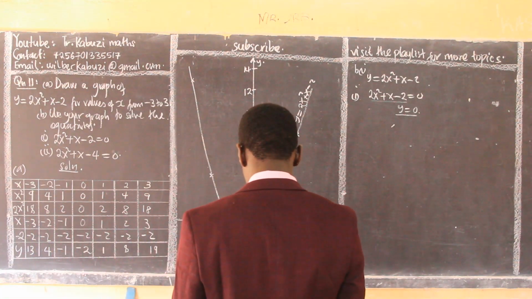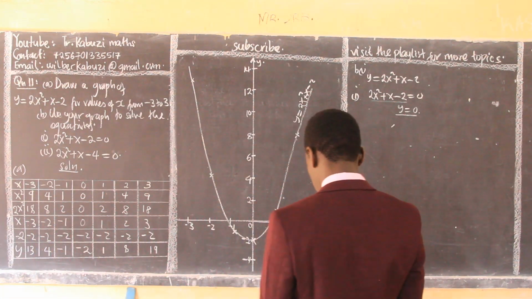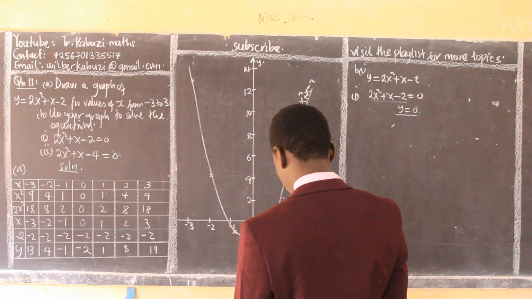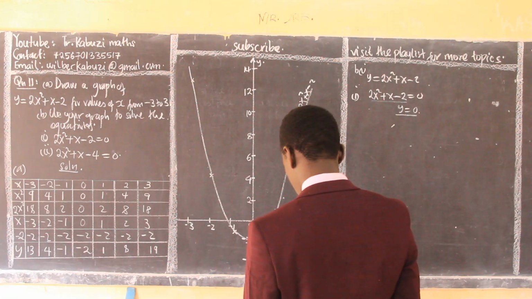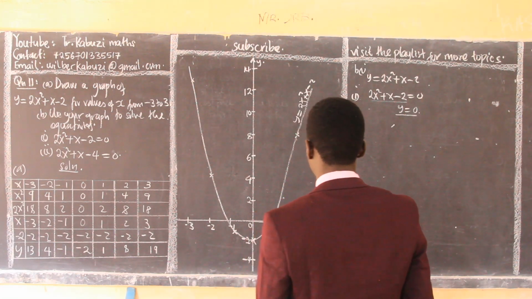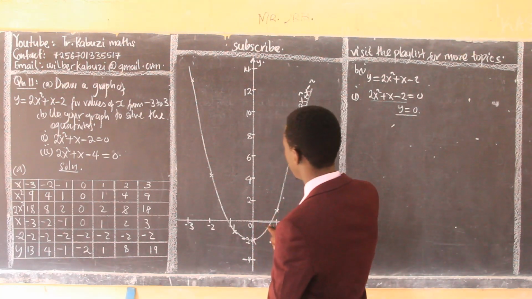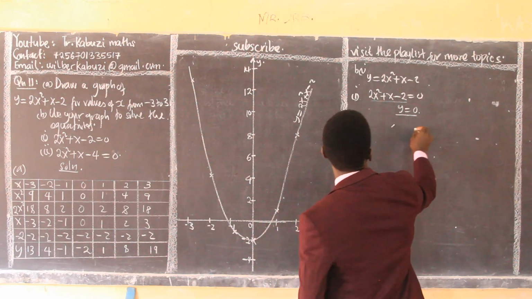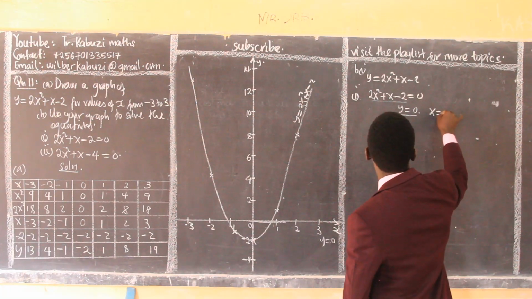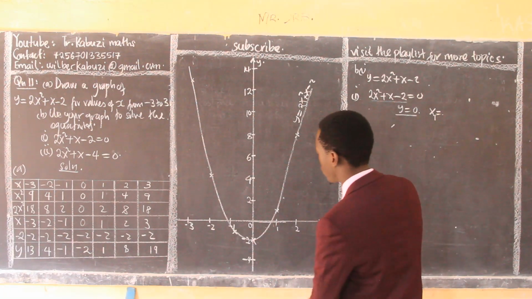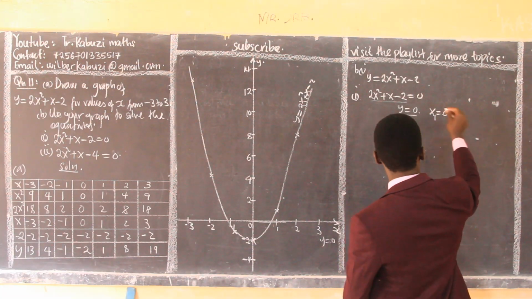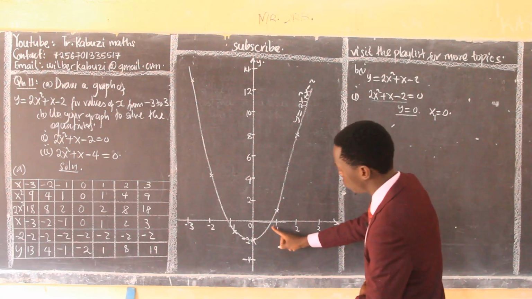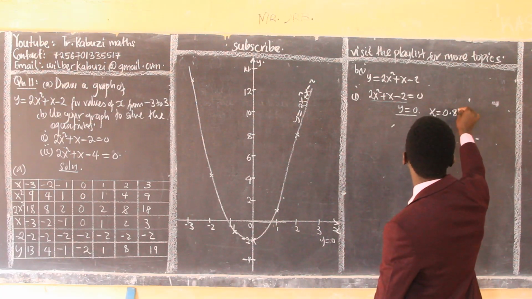The first x value, x1, is going to be something close to 0.8.